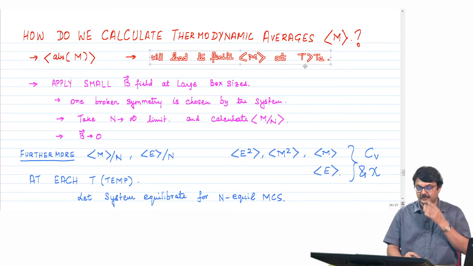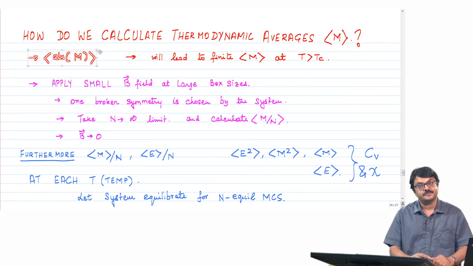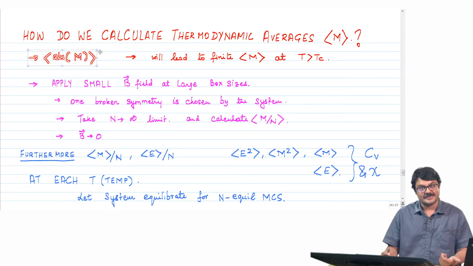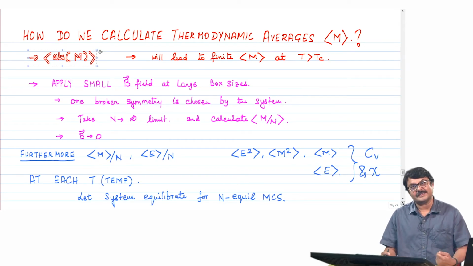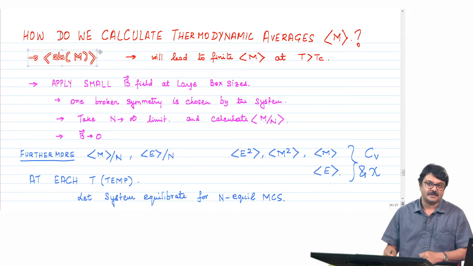But now, since we are always taking the absolute value, even at T greater than Tc we are going to get a finite value of the magnetization, and this is going to make it difficult to identify the transition temperature.